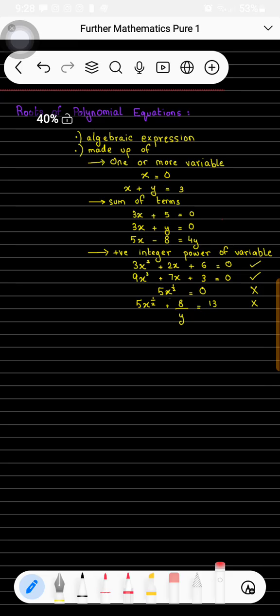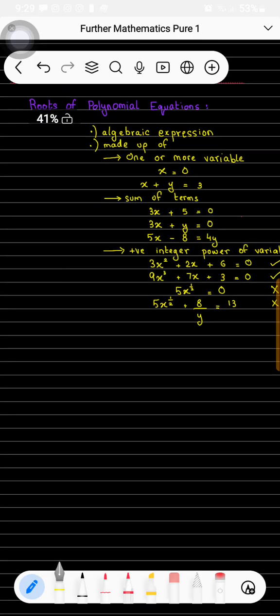We can also say alphabets and digits. And the second point was made up of three conditions: one or more variables, sum of terms, and positive integer power of variable.